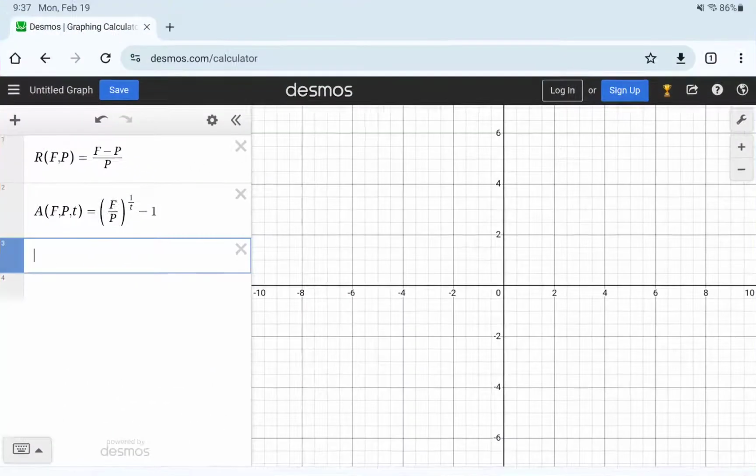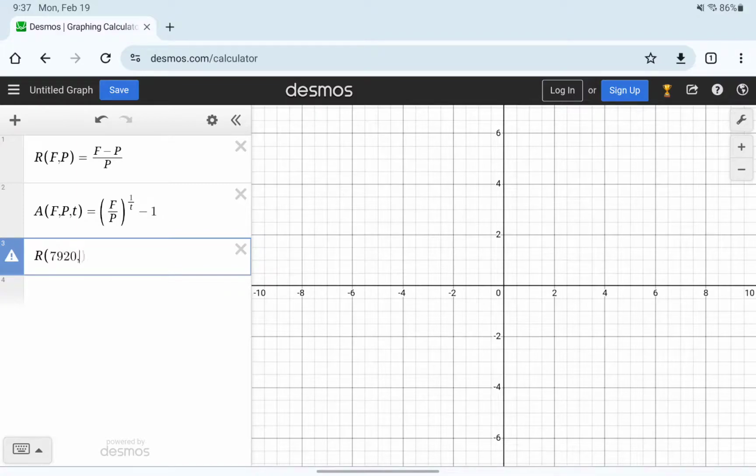I've got this formula typed into Desmos, so we can flip over and evaluate R of F comma P, so return on investment, with a future value of 7,920 and a principal investment of 4,400.